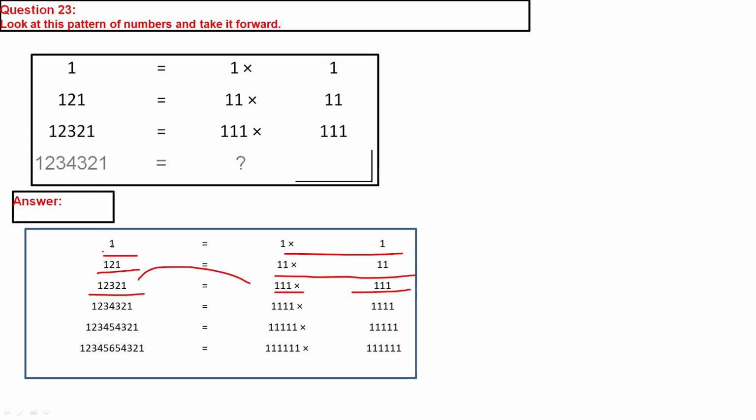Actually the pattern here is a pyramid, just like a triangular pattern: 1, 1 2 1, 1 2 3 2 1, in reverse order. You see 1 2 3 4 3 2 1, 1 2 3 4 5 4 3 2 1, like that. So just multiply these numbers 1 1 1 1 1. The pattern is like that. You can extend the pattern in this way.